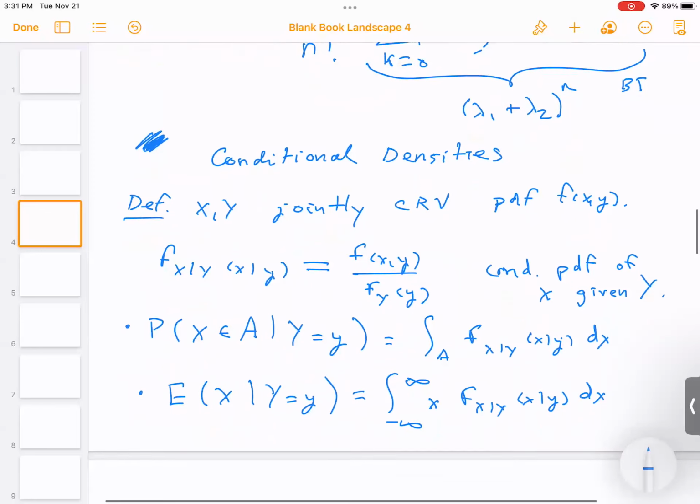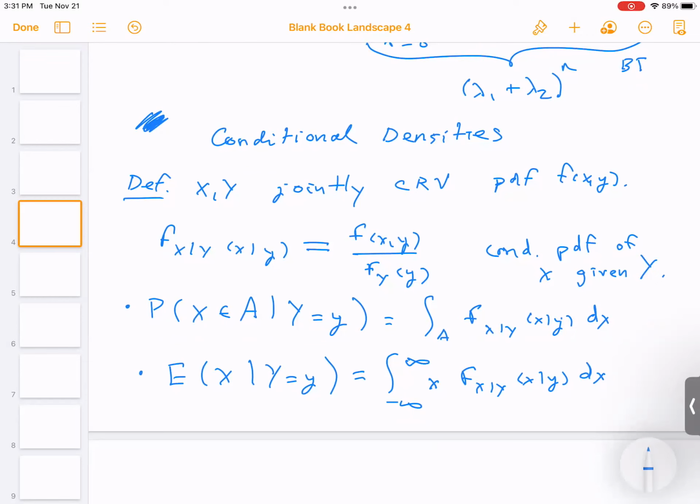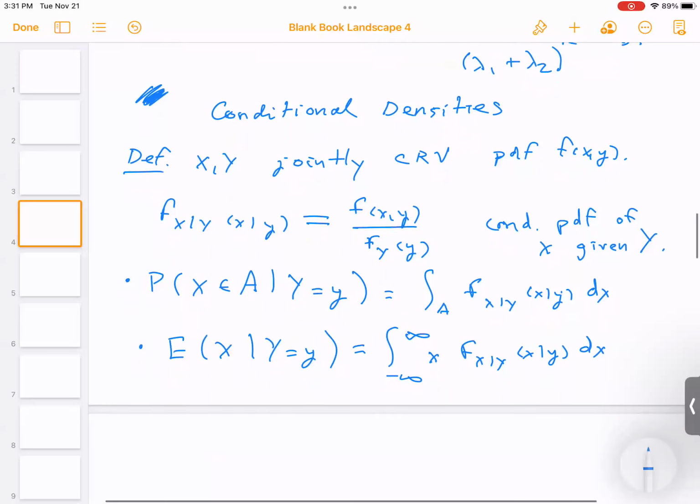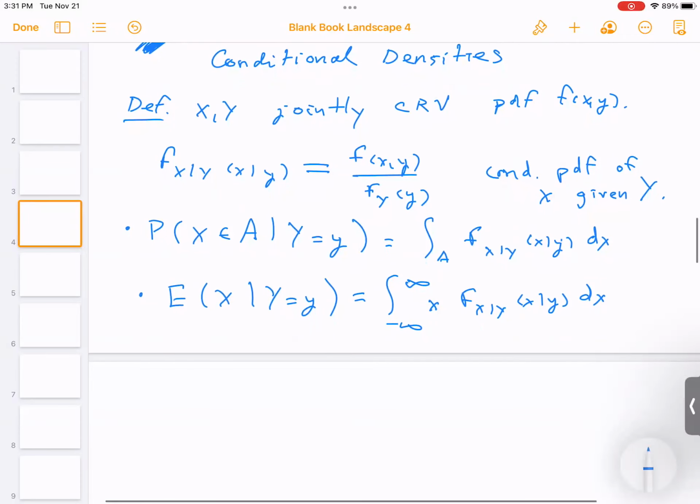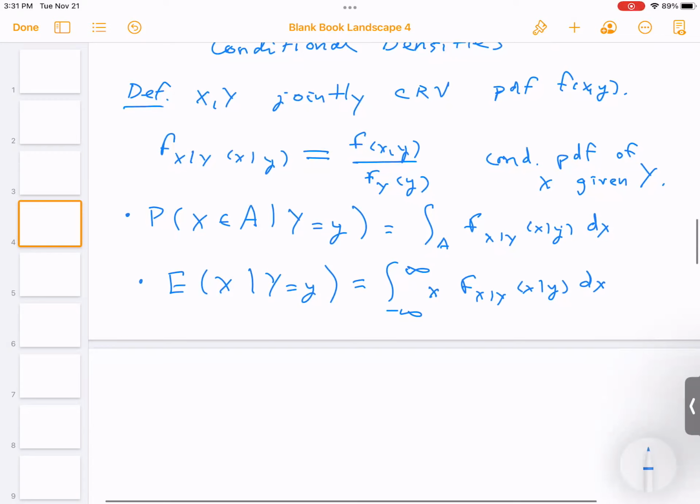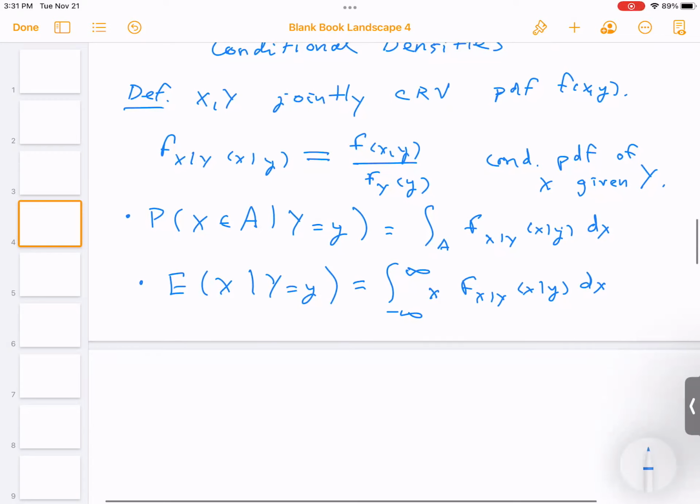Okay, I just use the conditional distribution. It restricts the density to where y takes on that known value, basically. So we'll see this. Let's do an example first.